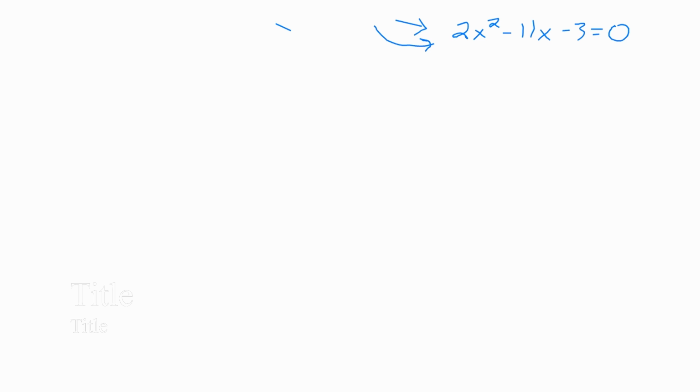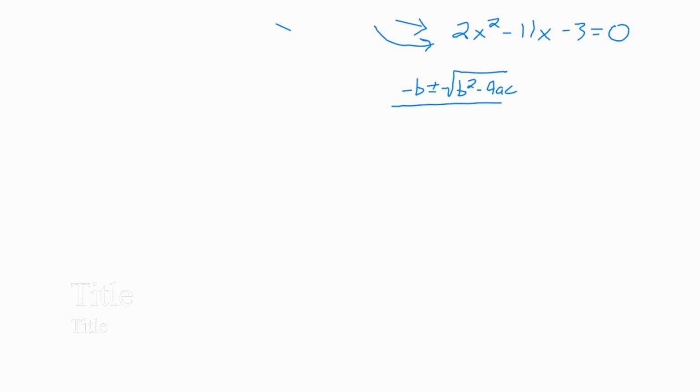For the quadratic formula, you can first see if you can factor, but if you cannot factor, you will have to plug it into the quadratic formula, which is negative b plus or minus the square root of b squared minus 4ac, all over 2a.